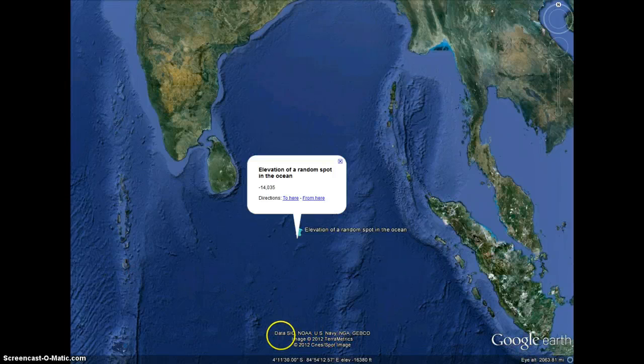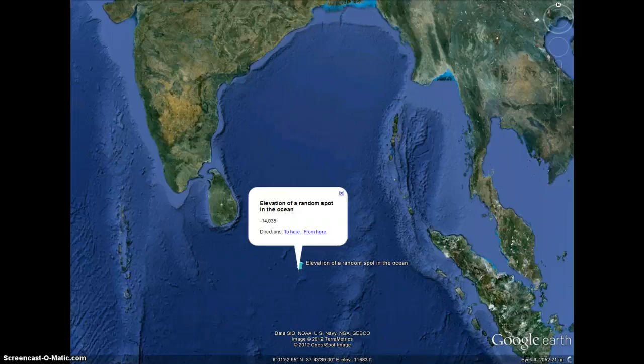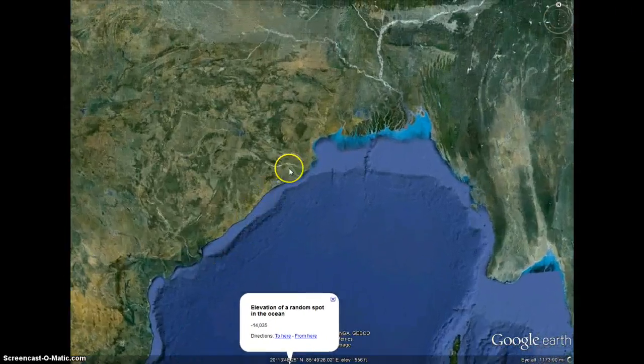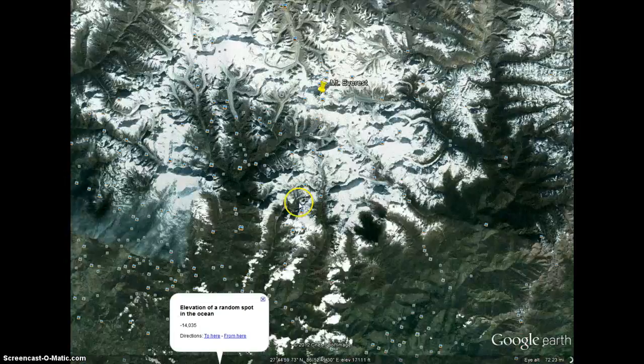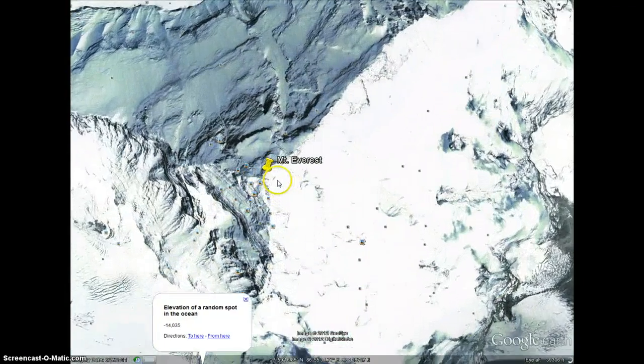Look, if you look at the bottom of the screen, this little bar down here, and these numbers are all changing. Look, if I move it over here, it's negative 16,146 feet. So if we go back over to Mount Everest, we can see all the different heights, and we can see how steep it is. So look at that number.